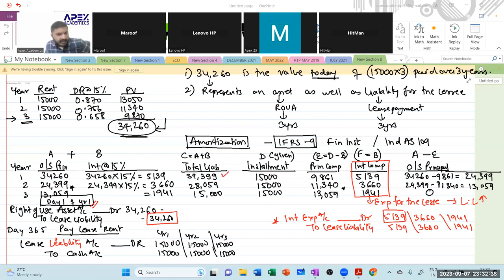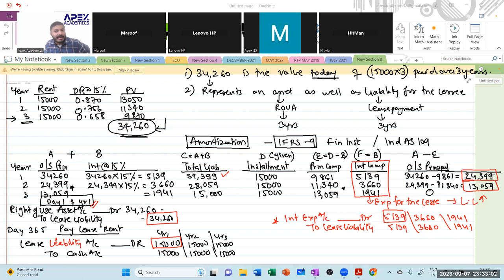Yes, it was that. You made a payment of 15,000 to reduce that lease liability, and now that lease liability has come down to 24,399. At the end of year 2, your lease liability was 34,260 plus 5,139 minus 15,000, which came to 13,059.